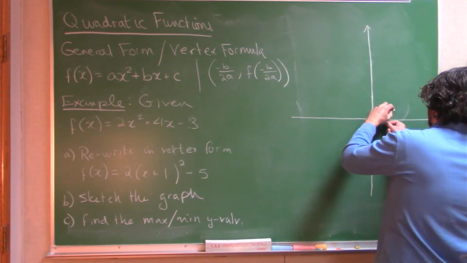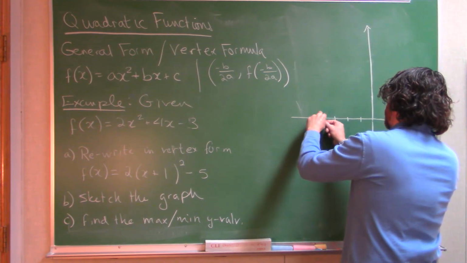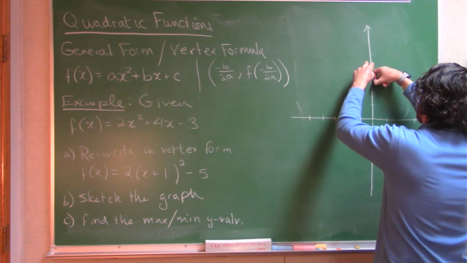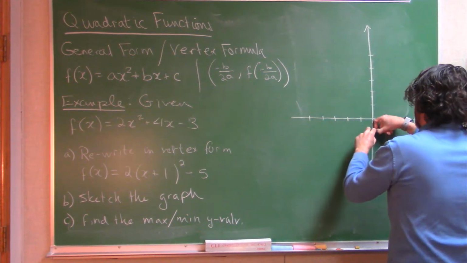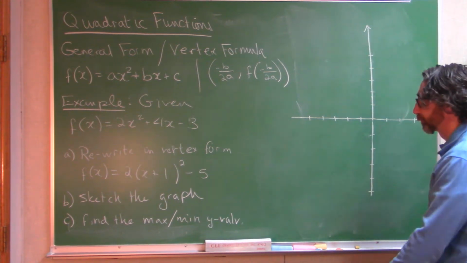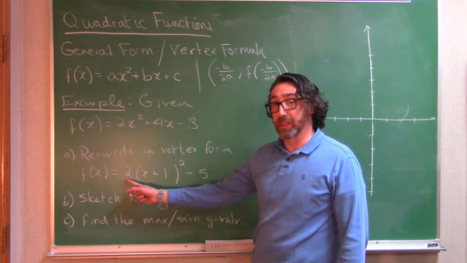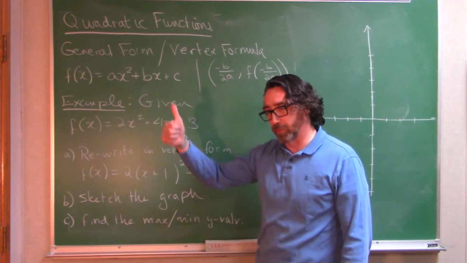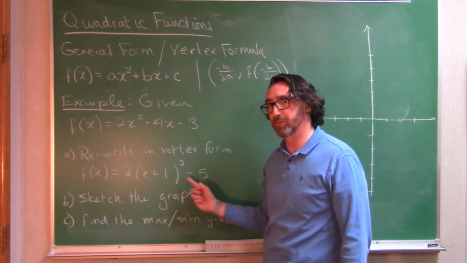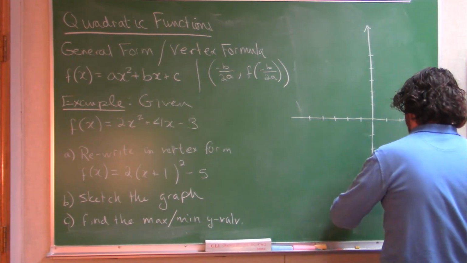I'll be careful to make my tick marks evenly spaced. The lead coefficient is positive, so the graph opens up. Shift 1 unit to the left, 5 units down. My vertex is right there.